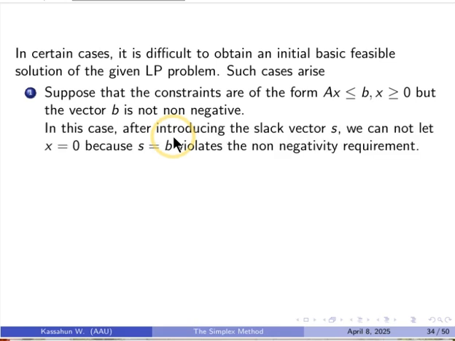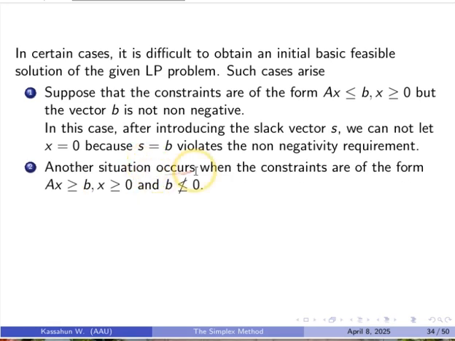In this case, after introducing slack variables, we cannot let x equal 0 because s equals b violates the non-negativity constraints. If one of the b components is negative, s will be negative, and the non-negativity constraints will be violated.